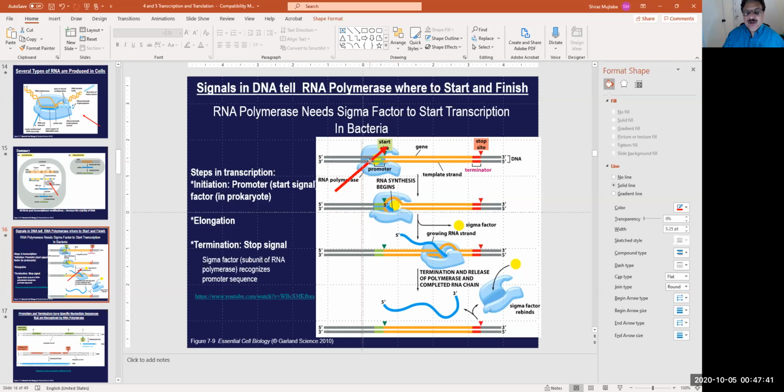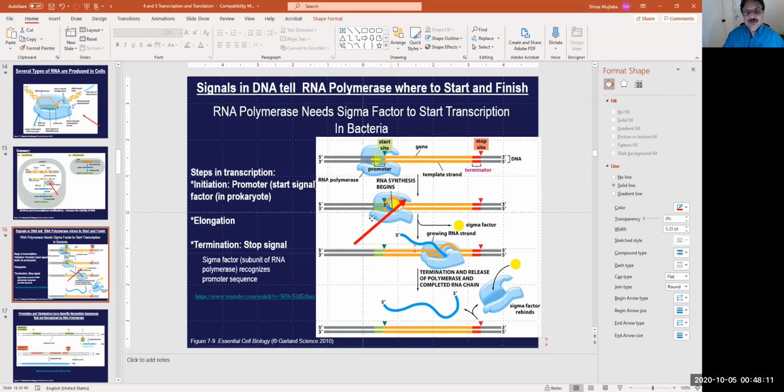Now when RNA polymerase binds to the promoter in bacteria, it is not sufficient to start transcription. It needs an additional factor called the sigma factor. The sigma factor helps the RNA polymerase to initiate transcription, just to initiate it. Once transcription has initiated, in the second stage, the sigma factor falls off.